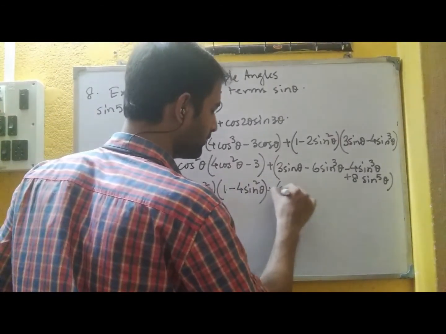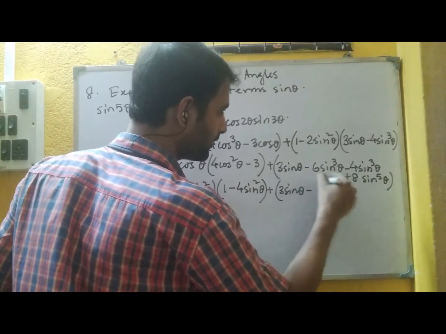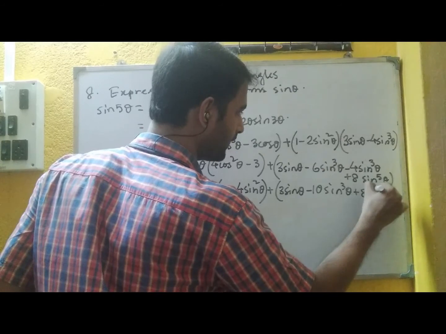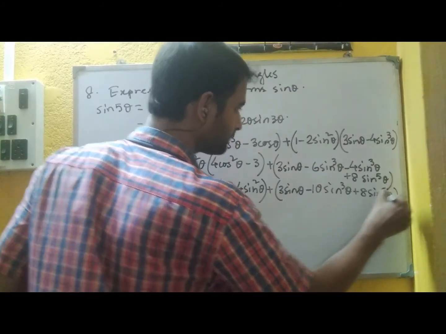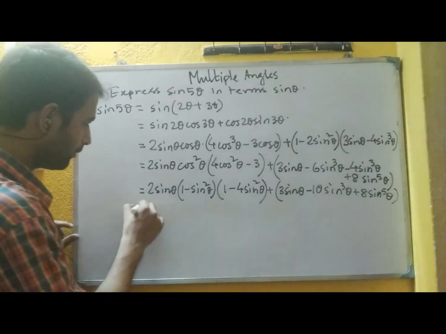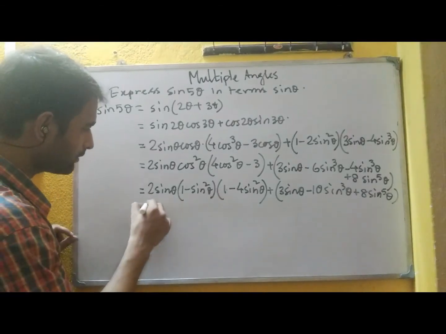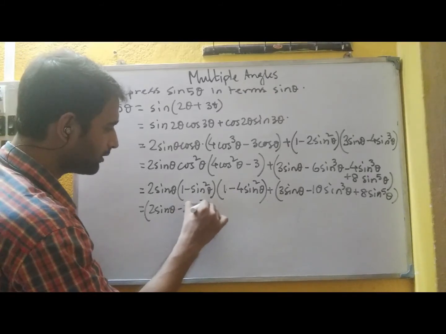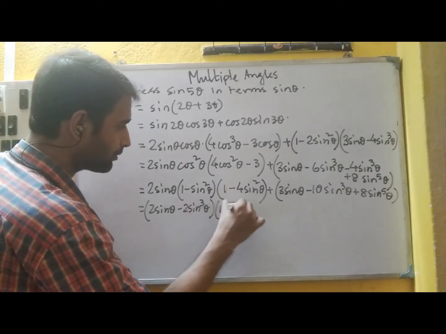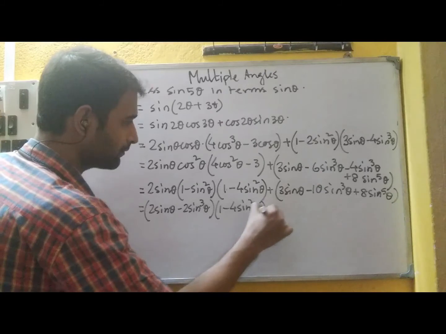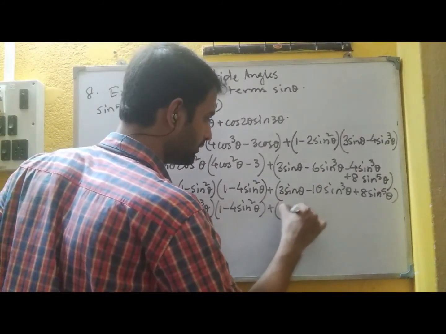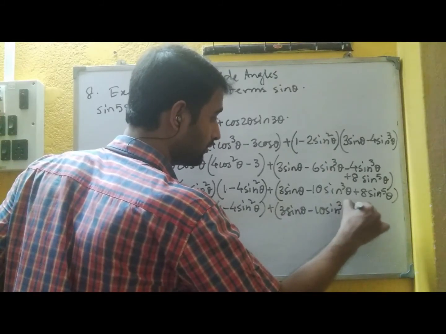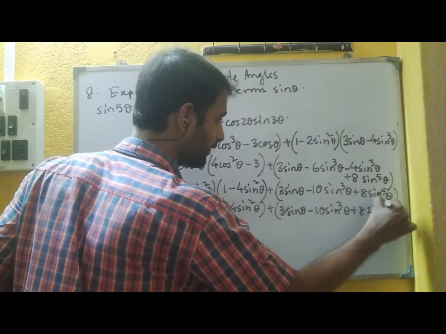Then the whole thing here, 3 sin theta minus 10 sin cube theta, then 8 sin to the power 5 theta. Now we are multiplying this term, so it is 2 sin theta minus 2 sin cube theta into 1 minus 4 sin square theta. It is 3 sin theta minus 10 sin cube theta plus 8 sin to the power 5 theta.